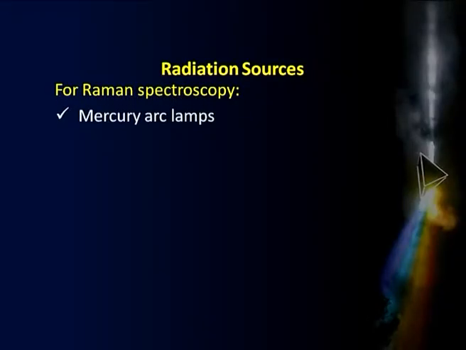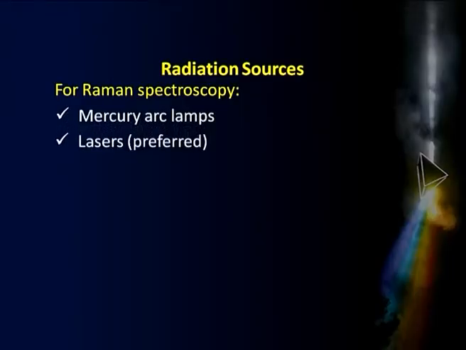Now, for Raman spectroscopy, conventionally mercury arc lamps are used as a source of radiation, but nowadays most instruments employ lasers because they are very intense. You remember that the Raman signals are very weak. So, to get reasonably measurable signals, we use an intense source, and lasers provide that. So, lasers are preferred as a source for Raman spectroscopy.